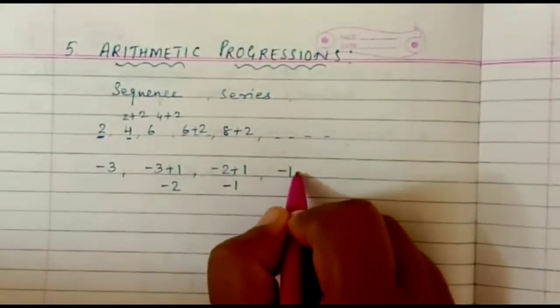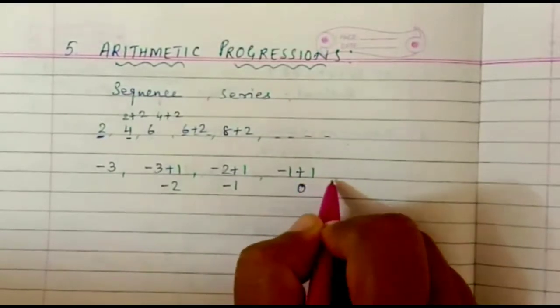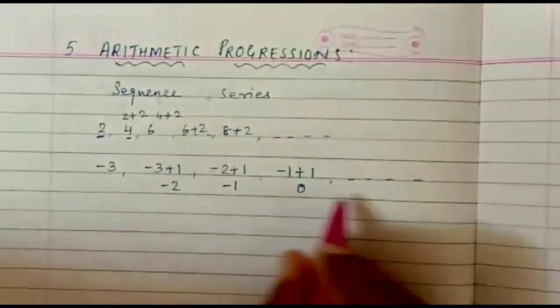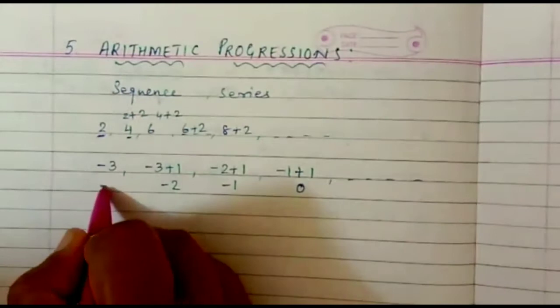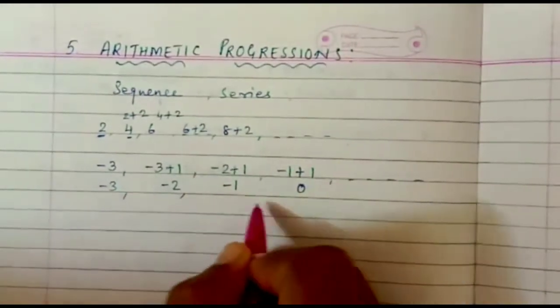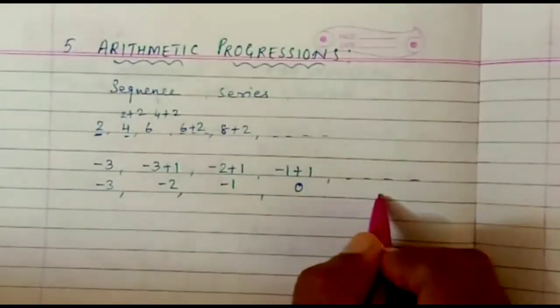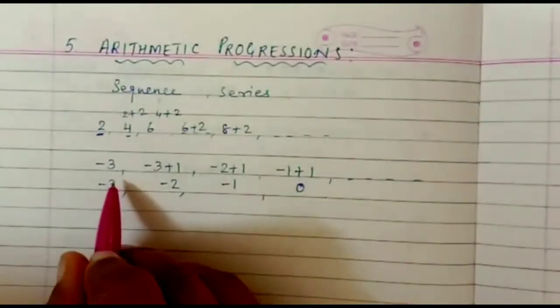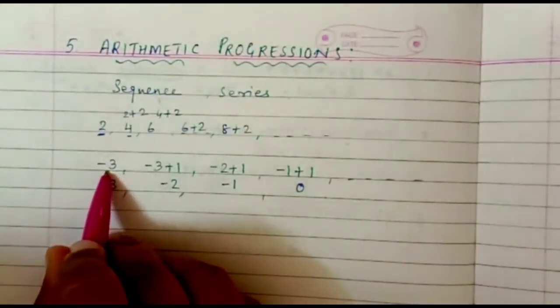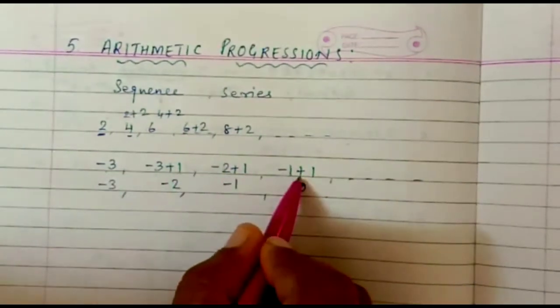Then minus 1 plus 1 will be 0, and so on. We will get a sequence: minus 3, minus 2, minus 1, 0, 1, 2 and so on. Here, as the negative number was there, we have kept on adding a positive number.